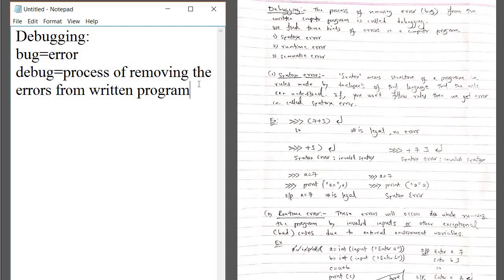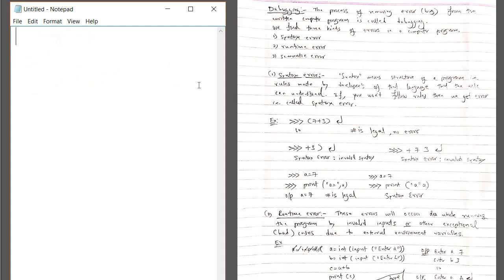Then how many types of errors will be there in programs? Usually we find 3 types of errors. First one is syntax error. Second one is runtime errors.